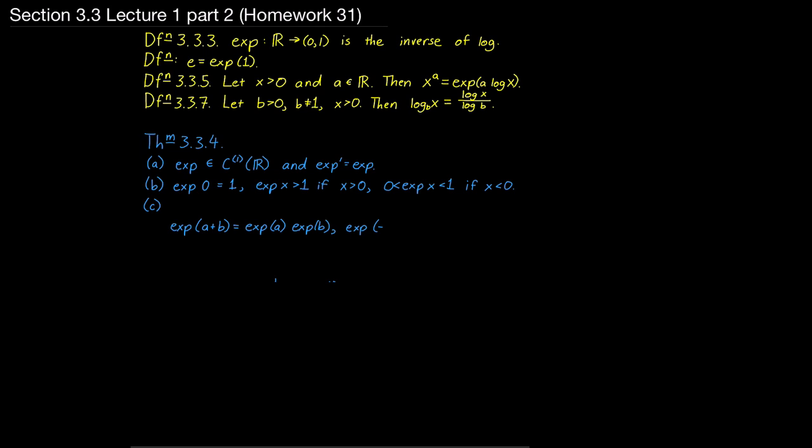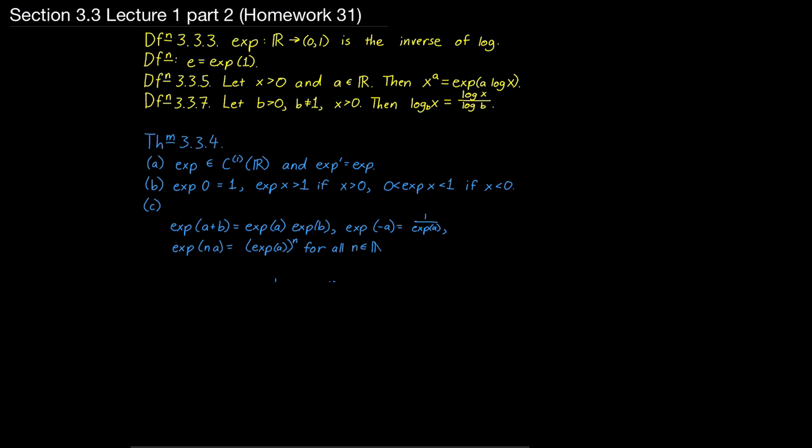Exp of a minus b is exp a over exp b, and exp of negative a is 1 over exp a. And so exp of na is exp a to the n for all natural numbers n.